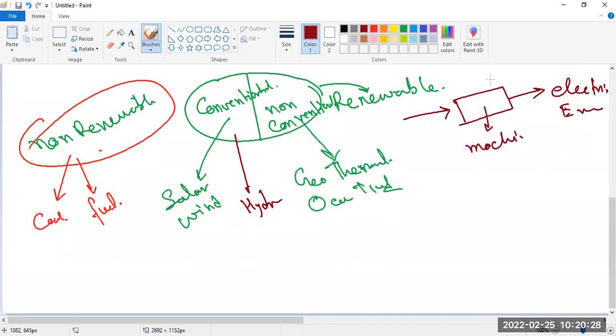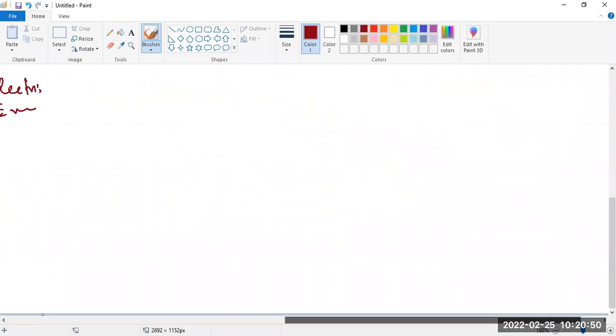So for the basic idea, not only do you have to convert any mechanical energy to electrical energy, sometimes some machines only convert electrical to electrical. So from this discussion you can get the idea that machine means there is a conversion of energy.